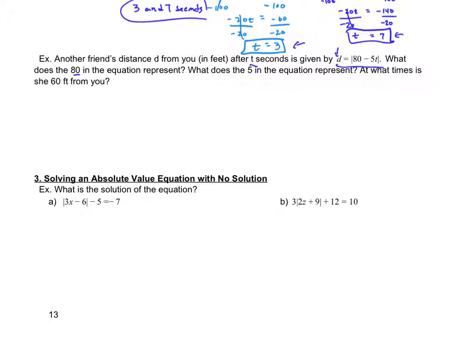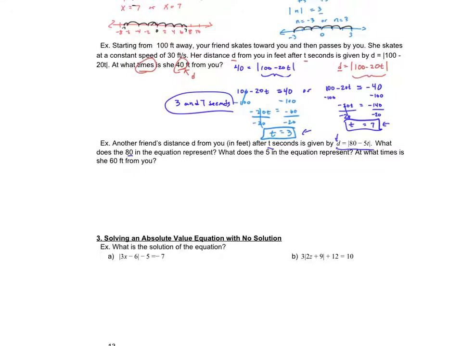If we go back and look at the previous question, we started off 100 feet away, and in my equation it said she was moving towards me at 20 feet per second, because there's a subtraction sign there, which means our distance was decreasing.